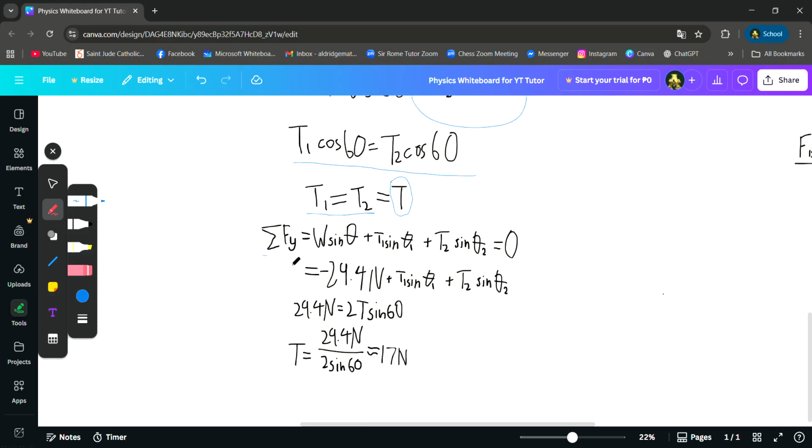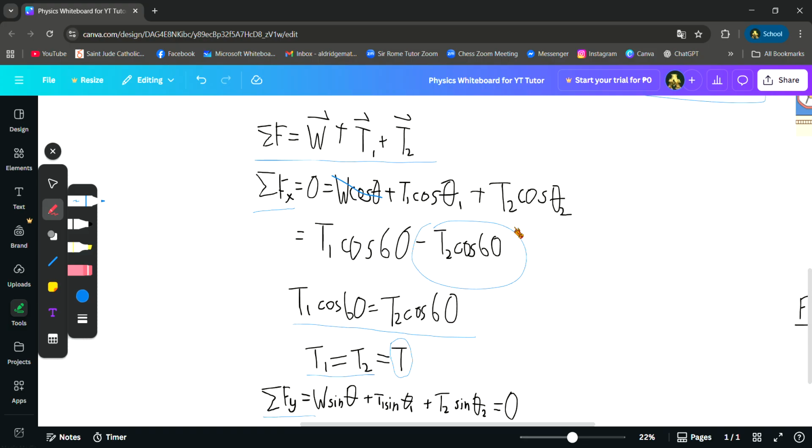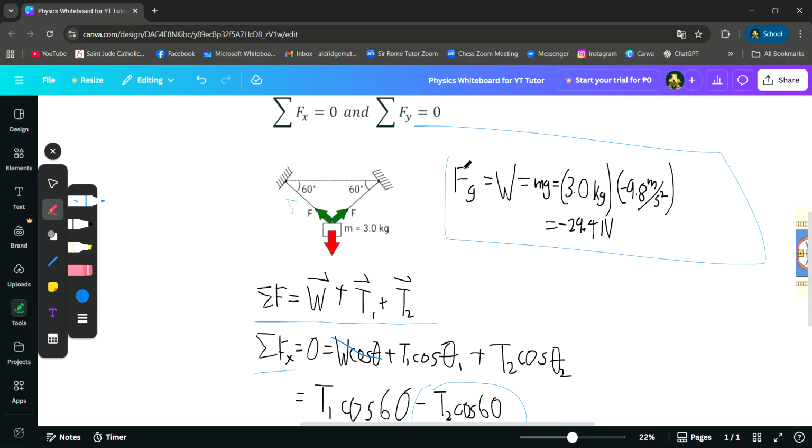So for the y component, W sine theta plus T1 sine theta 1 plus T2 sine theta 2, which also equals 0. Now up here, force of gravity or weight equals mass times gravity or acceleration.